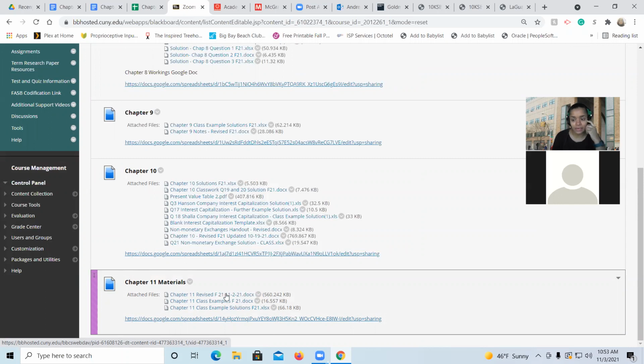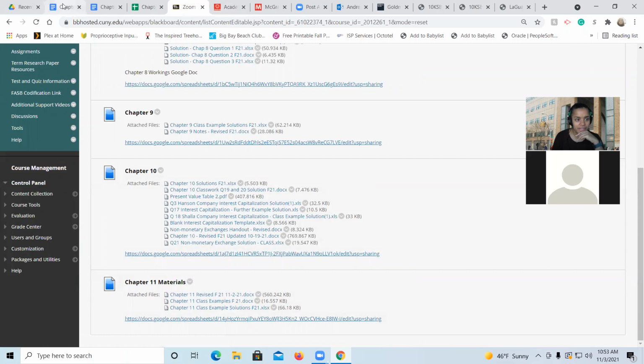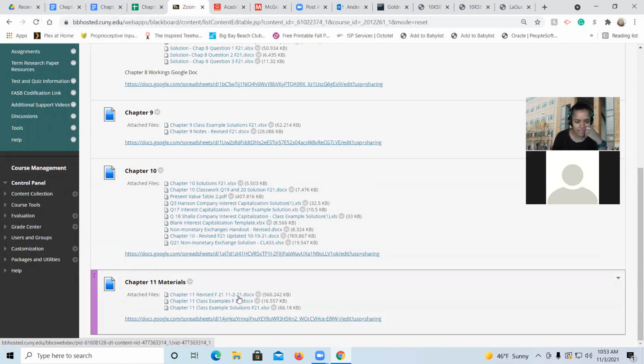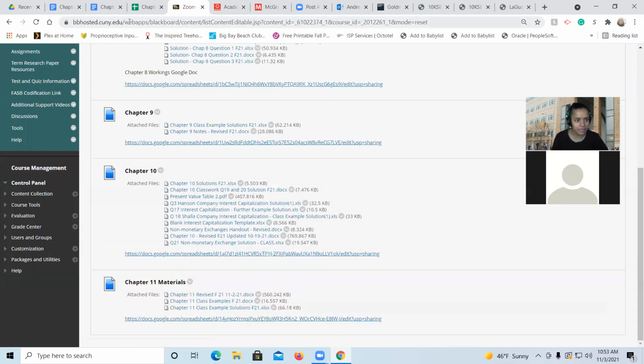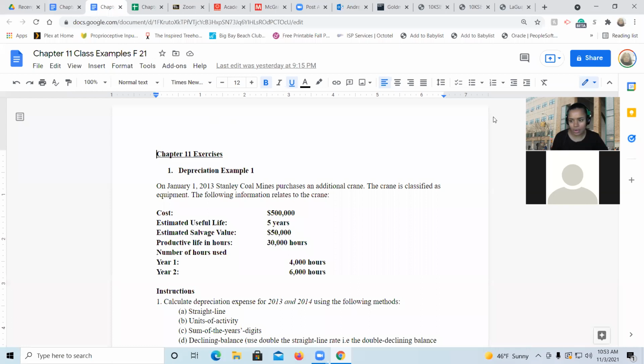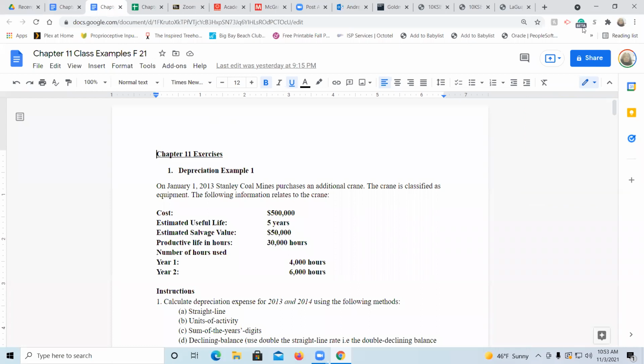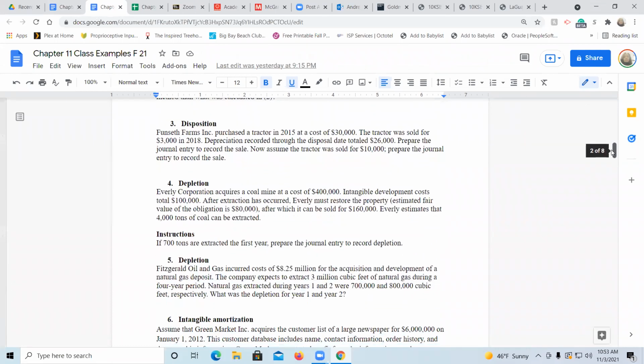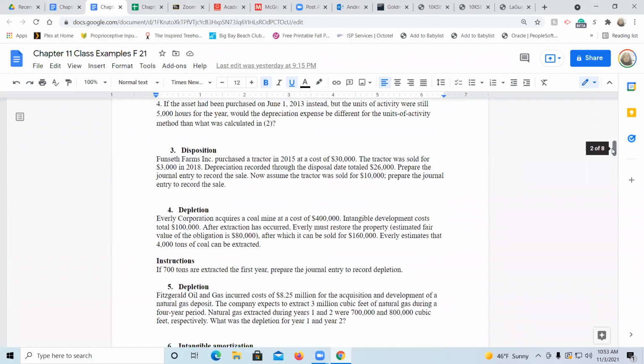The only change I made on the notes was fixing the heading to match the textbook. So you don't really need to re-download the notes, but the examples and the example solutions were not there before. So if you are following along with the documentation, make sure that you download the class examples.